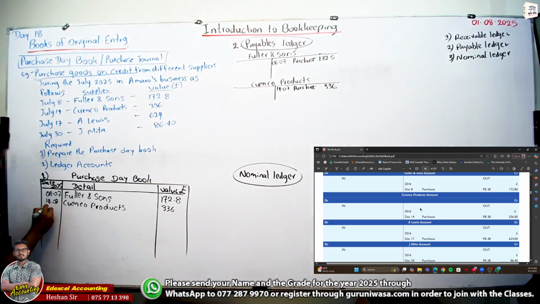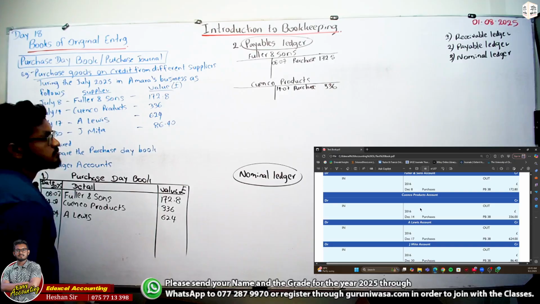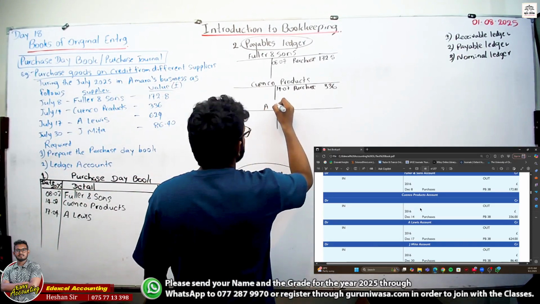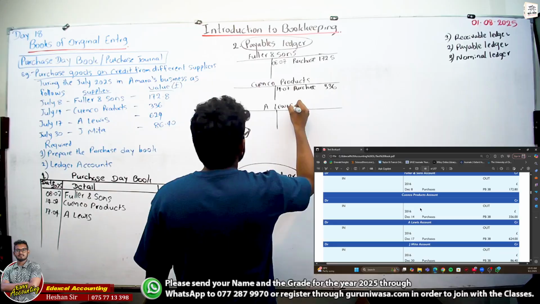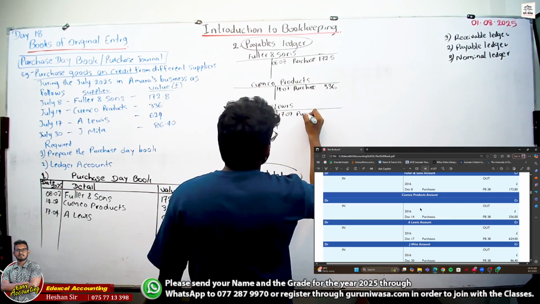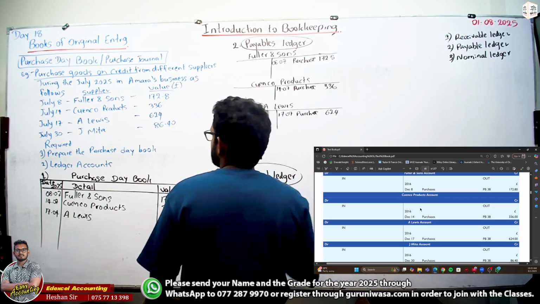Then on the 17th of July, A Levies 624, right? We open another account called A Levies, 17th of July, as purchase 624.